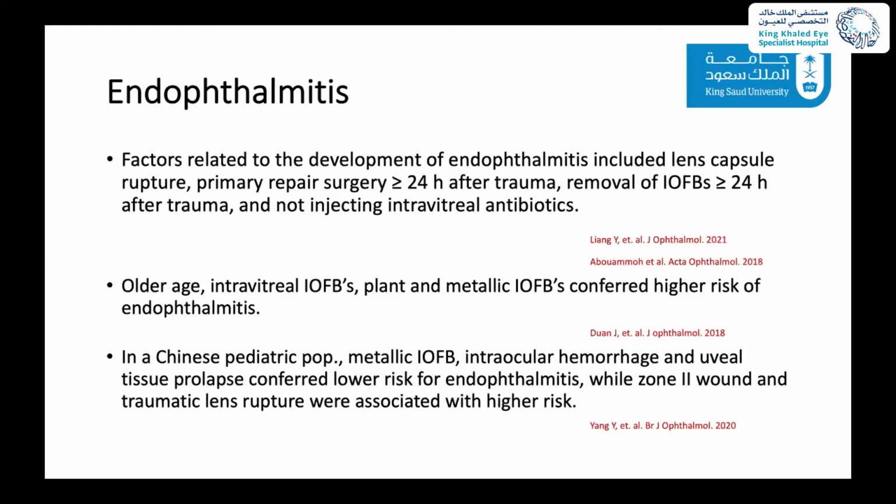So factors related to the development of endophthalmitis include lens capsule rupture, primary repair more than 24 hours, removal of the foreign body more than 24 hours after trauma, and not injecting intravitreal antibiotics for susceptible cases.